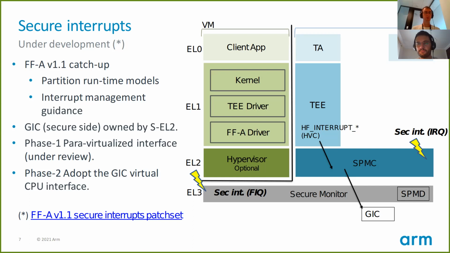We split this work into a phase one, where a paravirtualized interface to the GIC is implemented, migrating then to a phase two work where the architected GIC virtual CPU interface is used. You're going to find the patch set through the link provided at the bottom of this page.